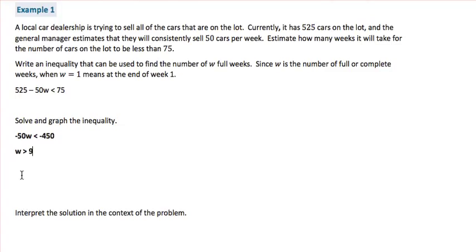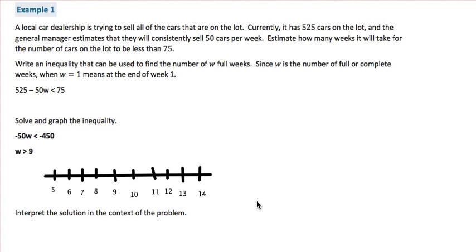Now, the next thing we're going to do is graph this on a number line. So we're starting with a number line that includes 9 in it because we definitely need the number that we ended up with. And I included some integers before and after 9. To graph this inequality, we're going to put a point on 9. And this point is going to be an open circle. The reason is our solution says W needs to be greater than 9.